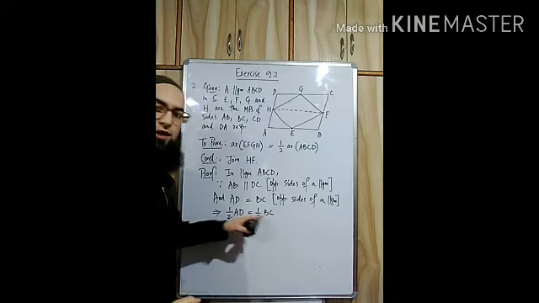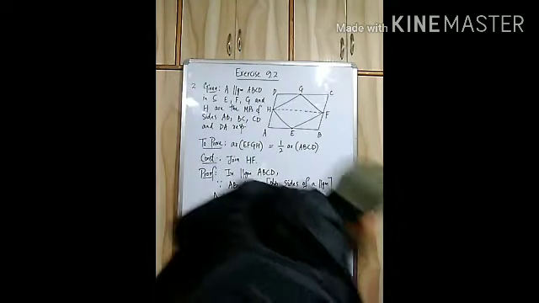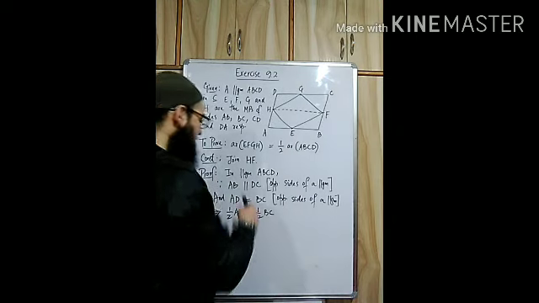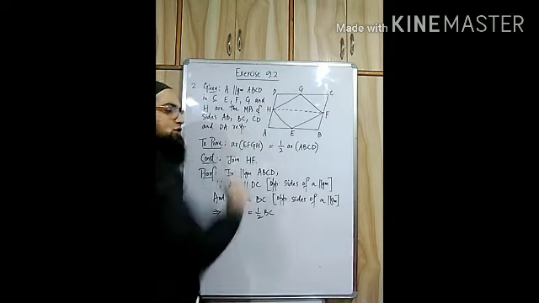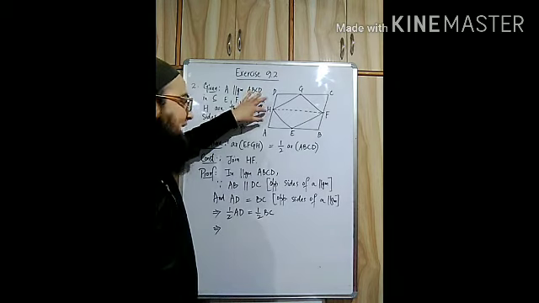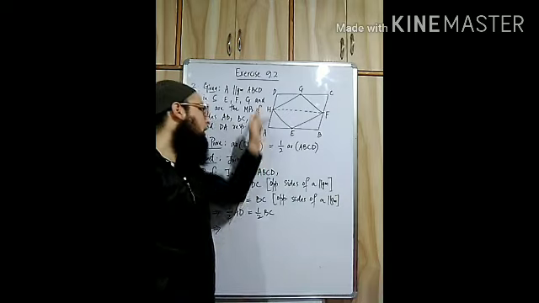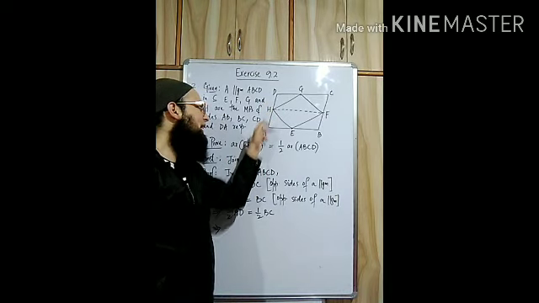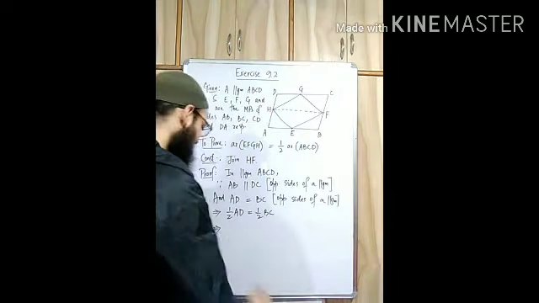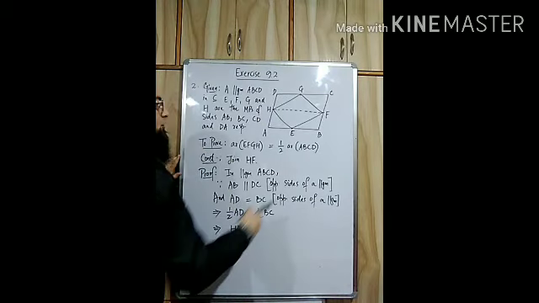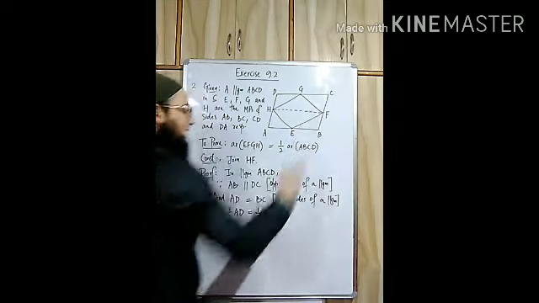You know, when wholes are equal, halves are equal. Then half of AD is nothing but DH. Why? Because H is the midpoint. Since H is a midpoint, half of AD is HD, so I can write HD is equal to half of BC, which is nothing but FC.